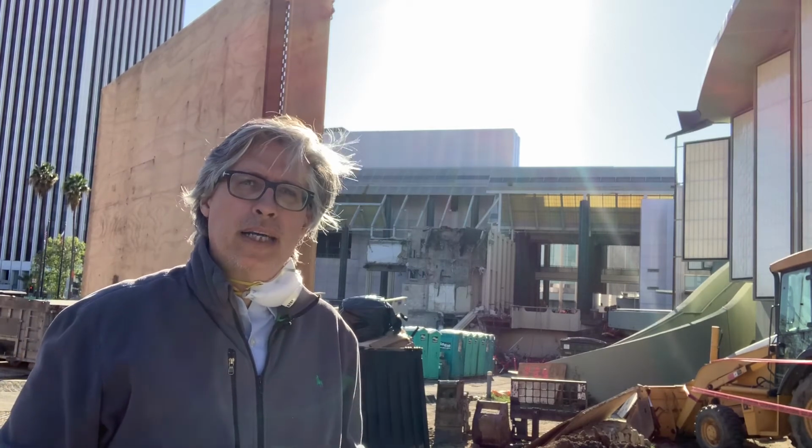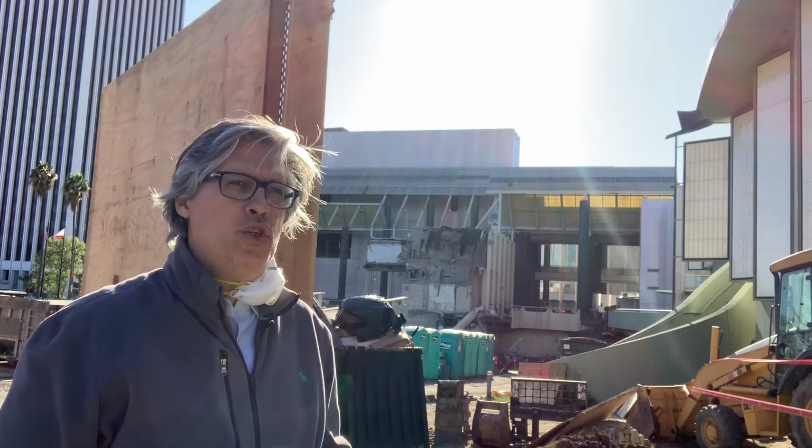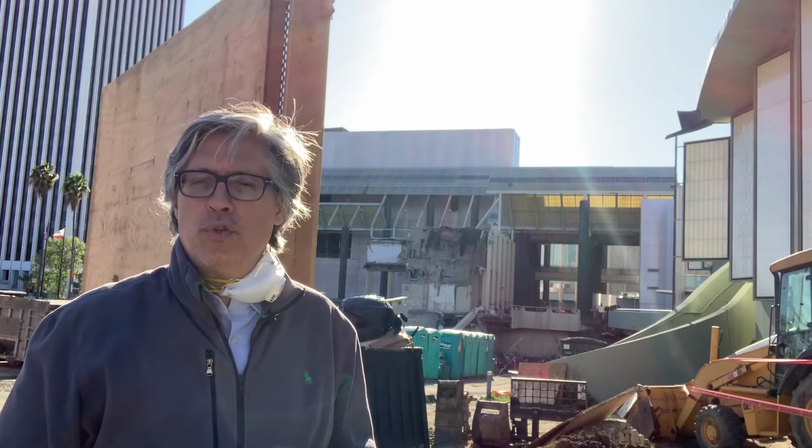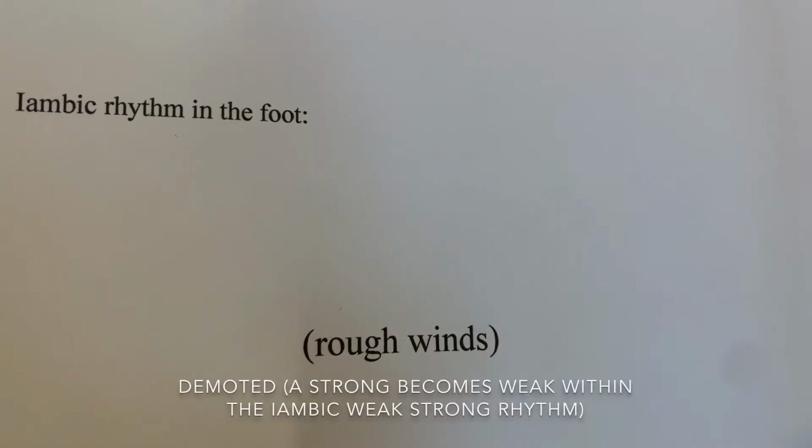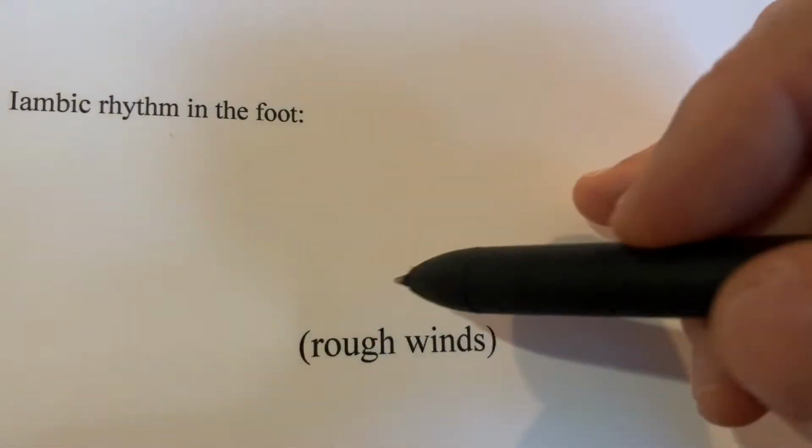And likewise, in a foot that includes 2 strongs, although rough and winds on their own are strong, within the iambic pentameter, one of them has to be demoted. Rough winds.